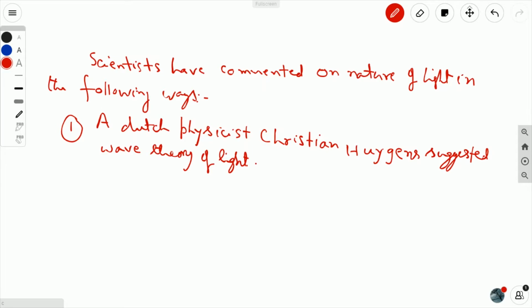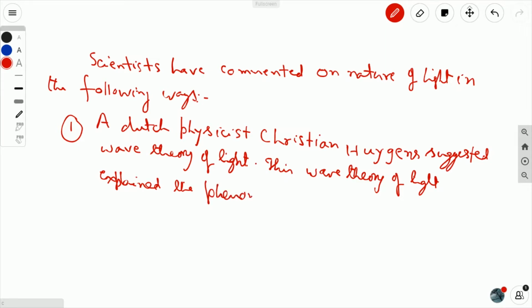Now what is this wave theory of light? It explains the phenomena of diffraction, interference and polarization of light.